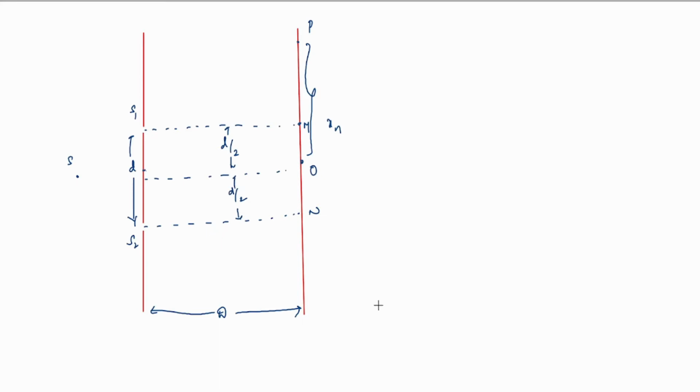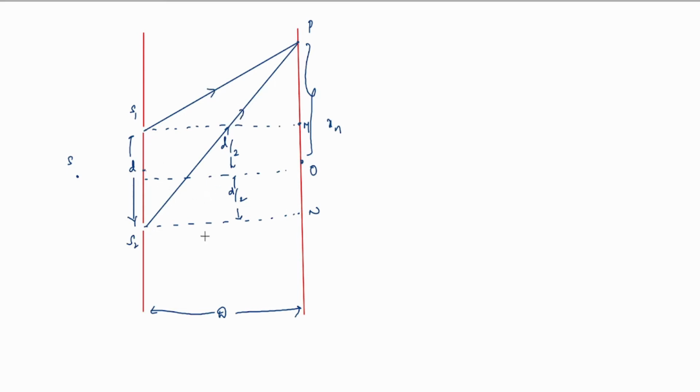Let's find out what is at the point P. Whether the point P is a bright band or dark band depends on the path difference of the waves traveling from S1 and S2. As seen in the diagram, the waves from S2 travel a greater distance.